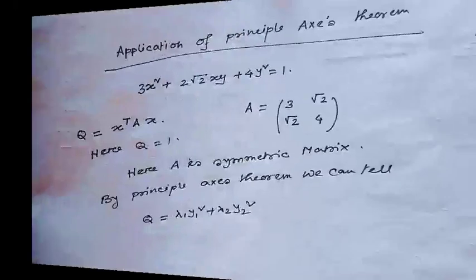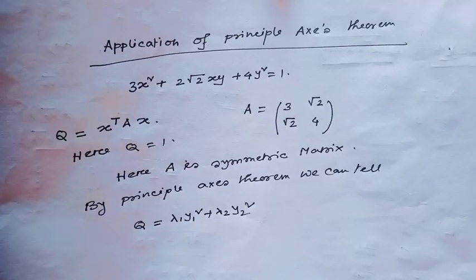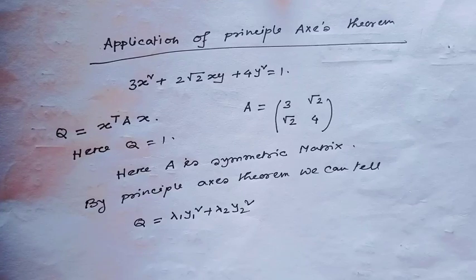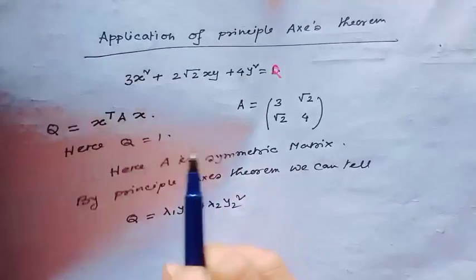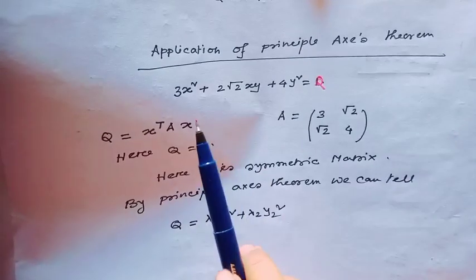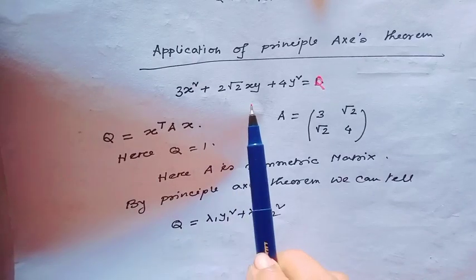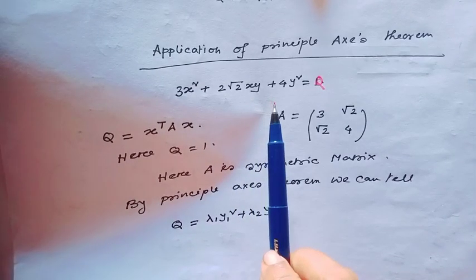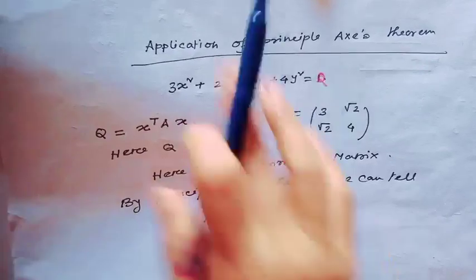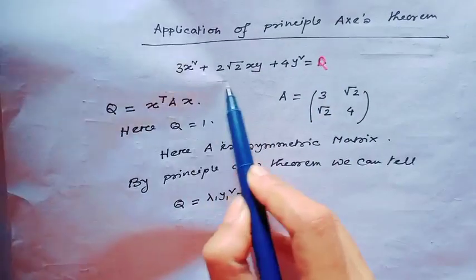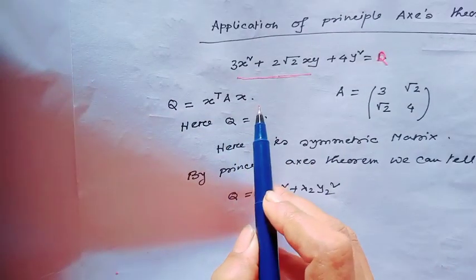Okay, I will show one application of the principal axis theorem. Consider the quadratic form q equal to 3x square plus 2 square root of 2 xy plus 4y square. Obviously this quadratic form is written as q equal to x transpose Ax.